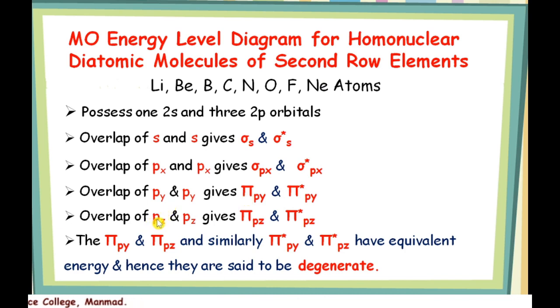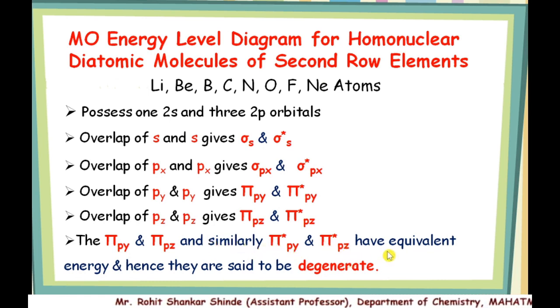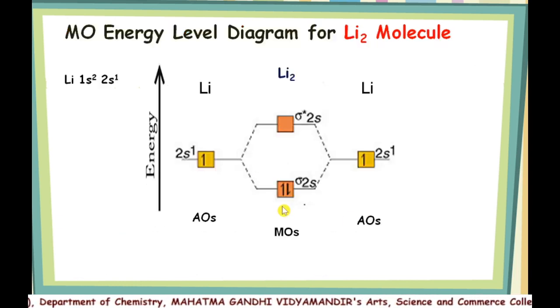The overlap between pz-pz atomic orbitals forms pi pz and pi star pz molecular orbitals. The pi py and pi pz, and similarly pi star py and pi star pz, have equivalent energy and hence they are said to be degenerate. Now let us commence our session with the molecular orbital energy level diagram for the lithium-2 molecule.